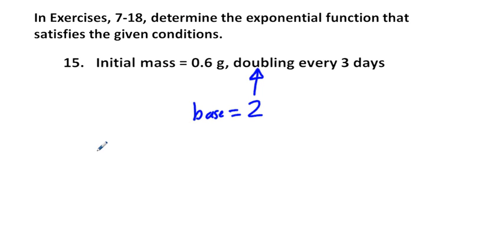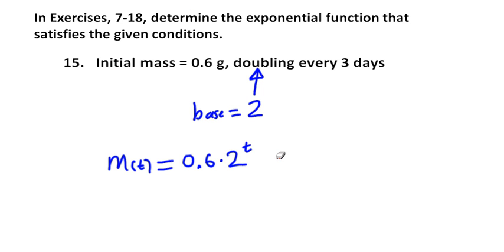So we have the mass, m of t, equal to our initial mass, which is 0.6, times 2 to the power of, and if we're doubling every day, we would just have 1 day, but we're doubling every 3 days.